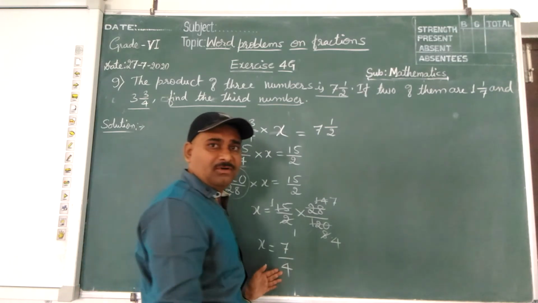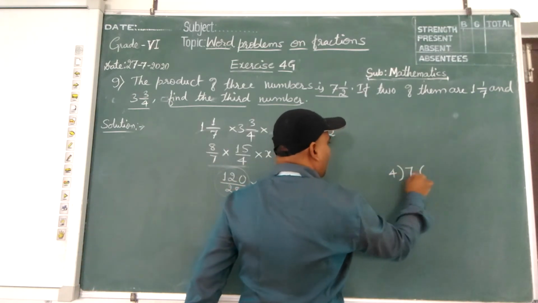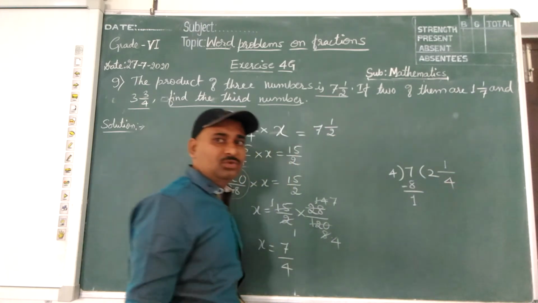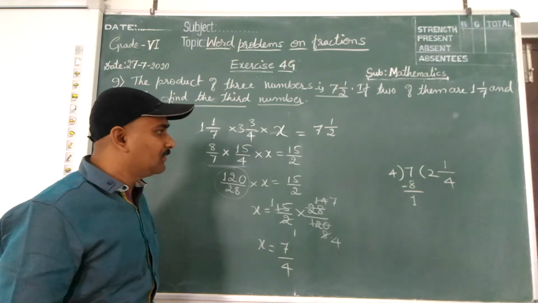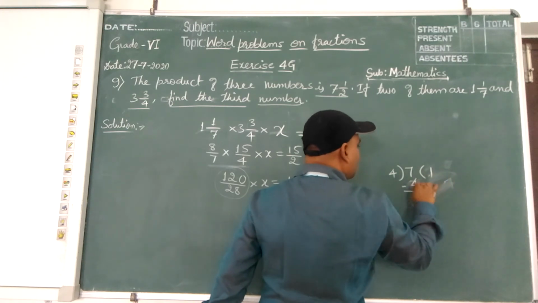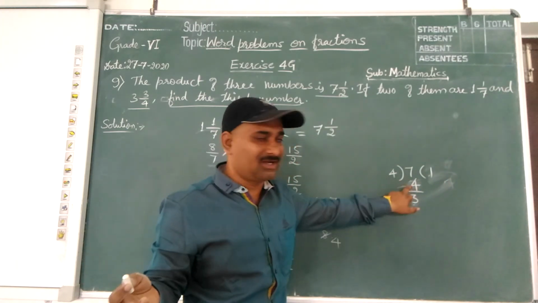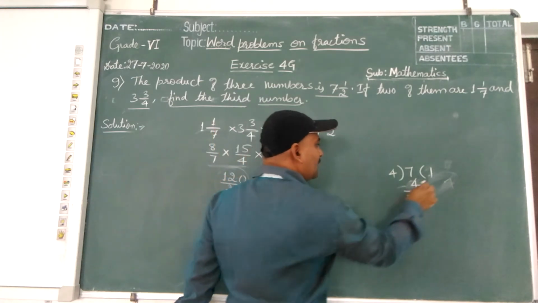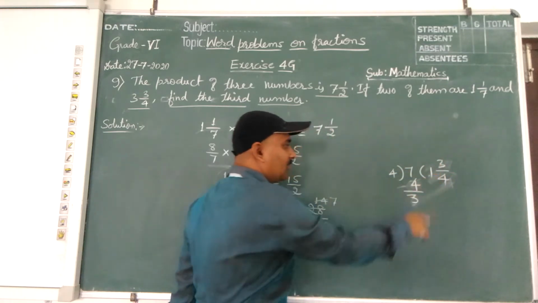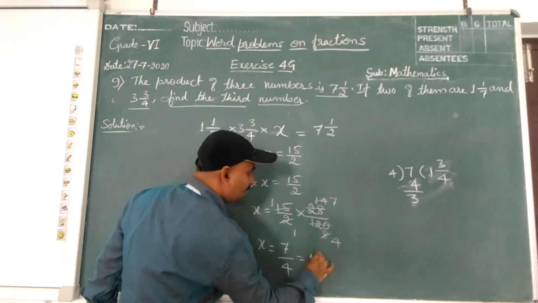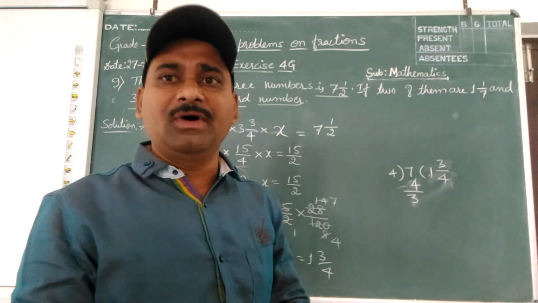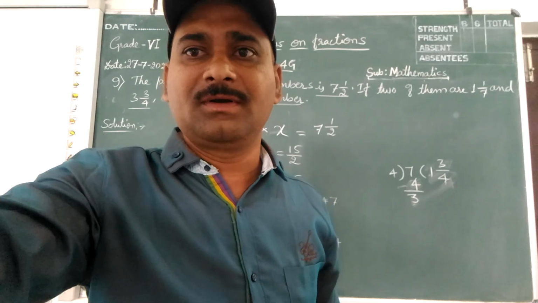This 7 by 4 we can write in mixed fraction as 1 is to 3 by 4. 4 ones are 4, 7 minus 4 is 3, so 1 is to 3 by 4. The third number is 1 is to 3 by 4.